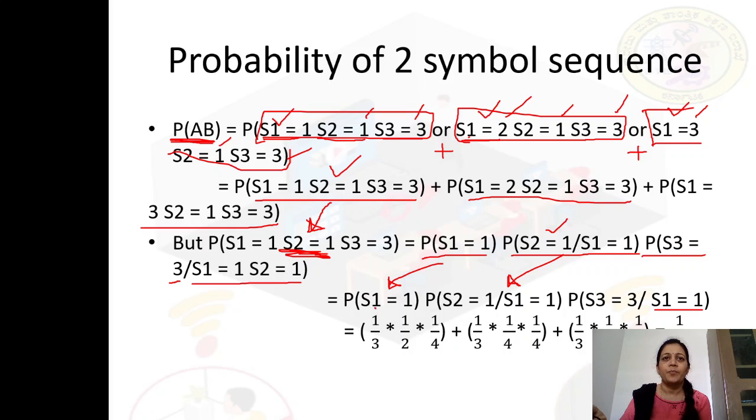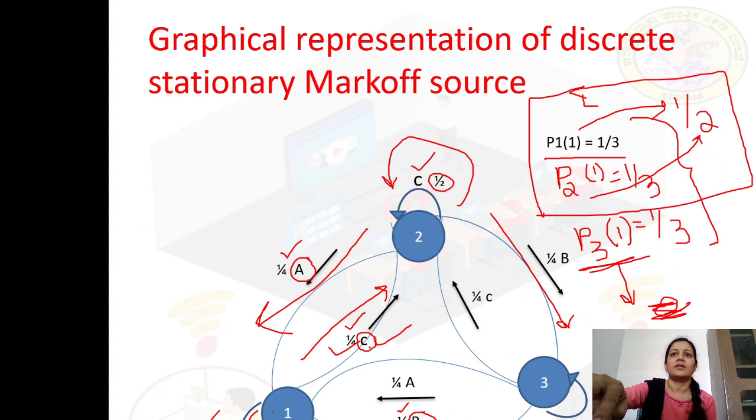So the probability that S1 is equal to 1 is nothing but 1 by 3. That is, you can see here, the probability that S1 is equal to 1 during the first symbol interval is 1 by 3.